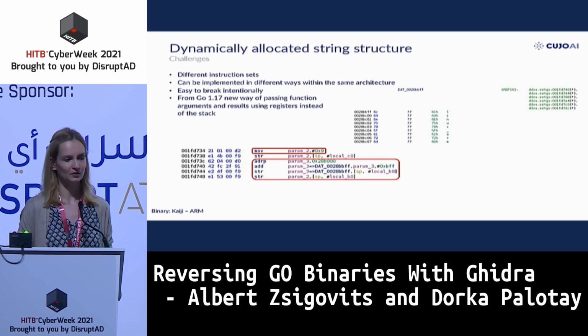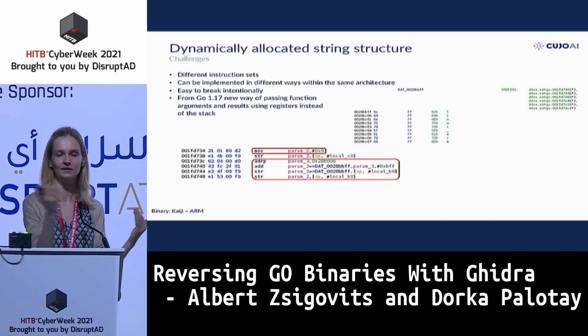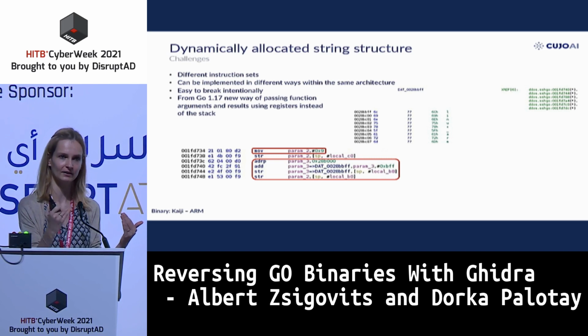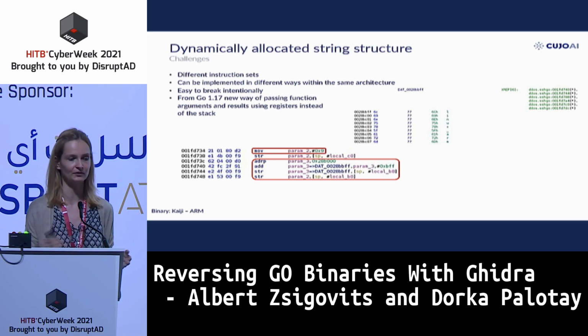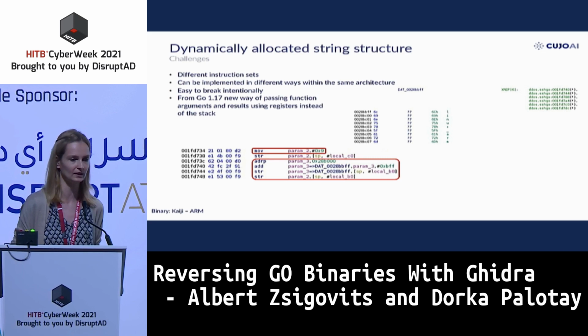And now from Go 1.17, there is something new. What you have seen is that everything was always placed onto the stack, and this is very unusual for how Go handles the arguments and return values of a function. Everything was always placed onto the stack instead of registers, as we used to see it.